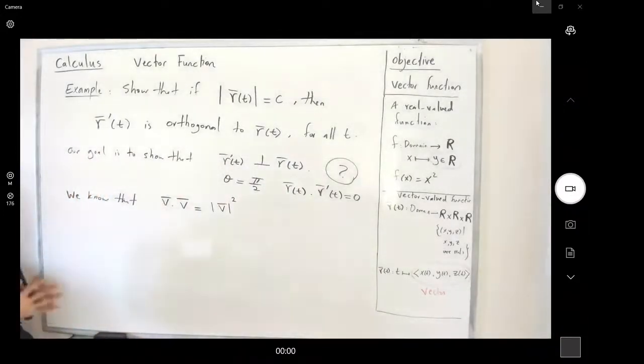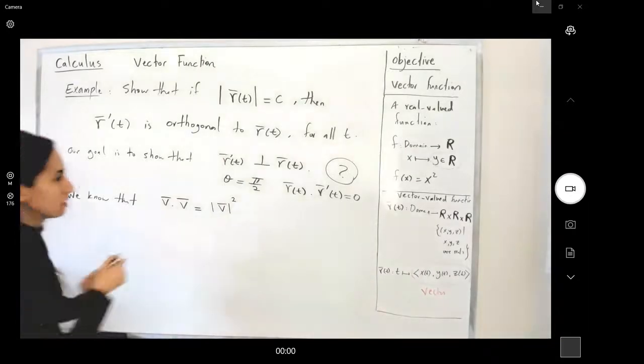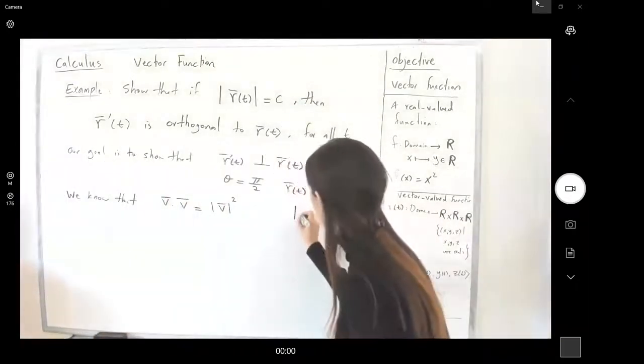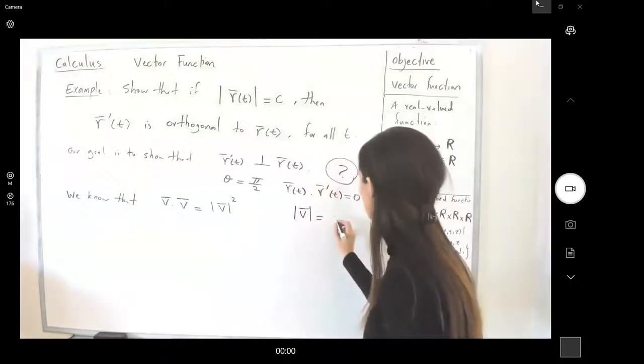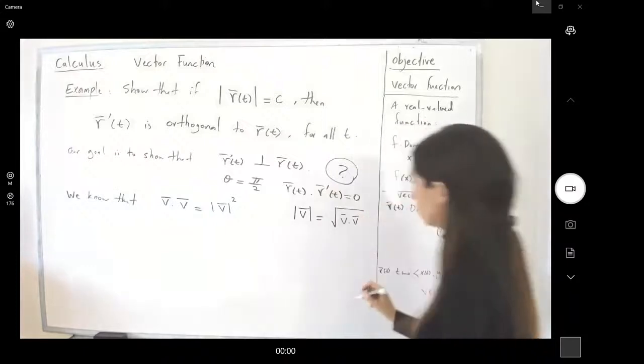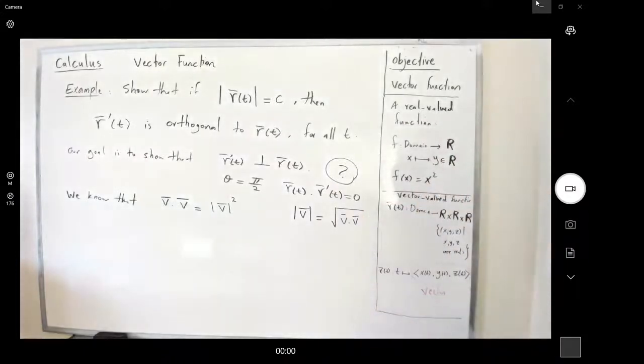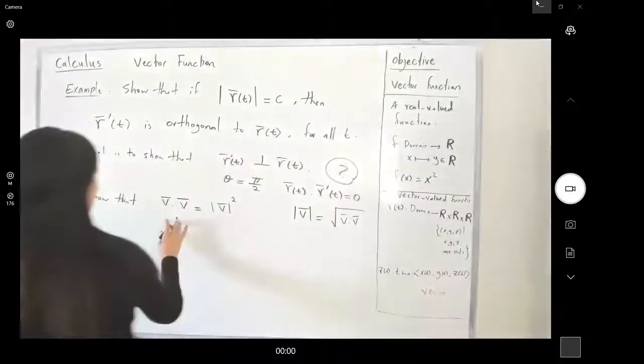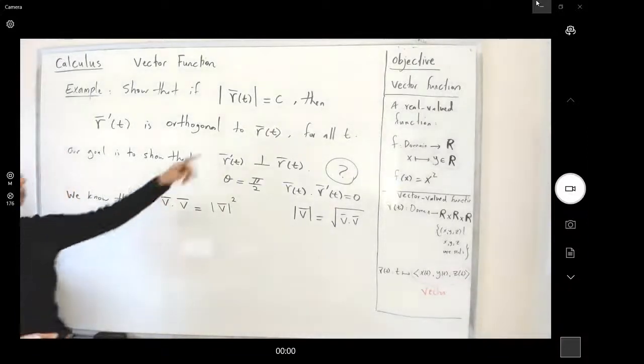In general, the magnitude of vector v is equal to the square root of the dot product of v with itself. Very good. So what do we know?